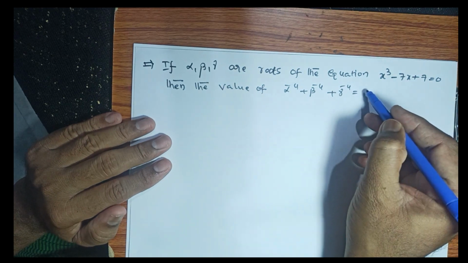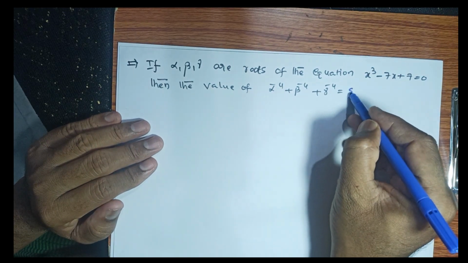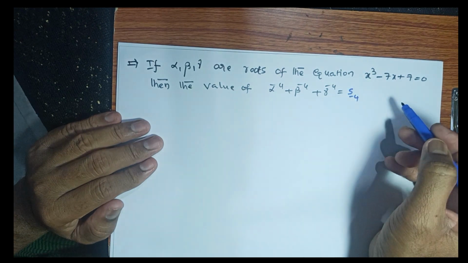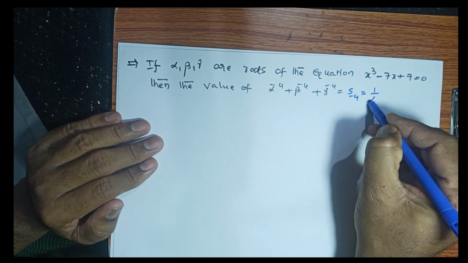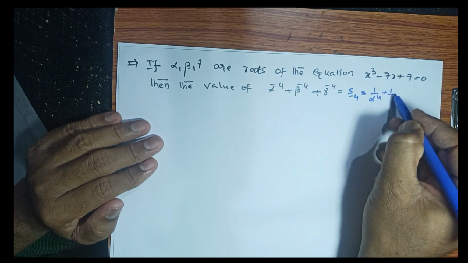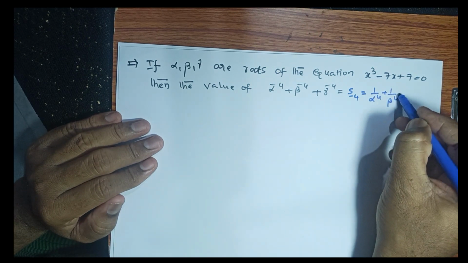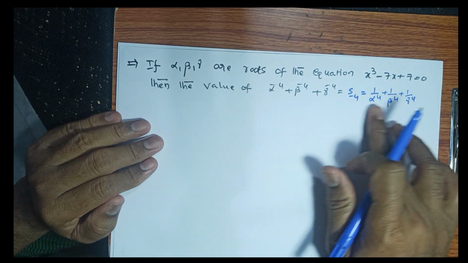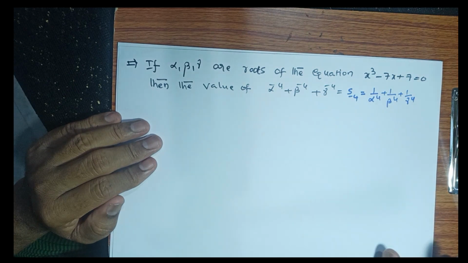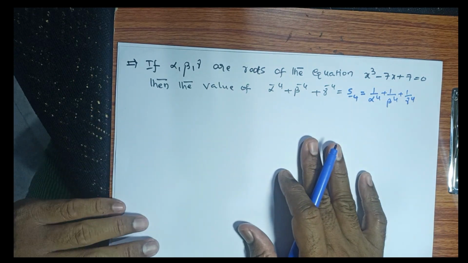They are asking for S suffix minus 4, meaning 1 by alpha power 4 plus 1 by beta power 4 plus 1 by gamma power 4. How are we going to solve this one? We have to solve it with the same method as the previous problem.